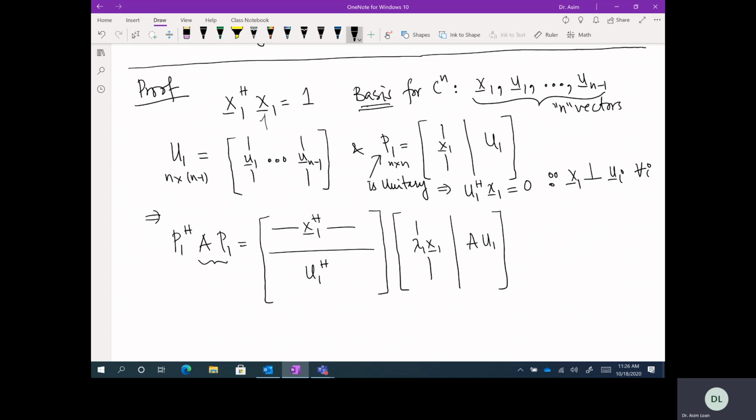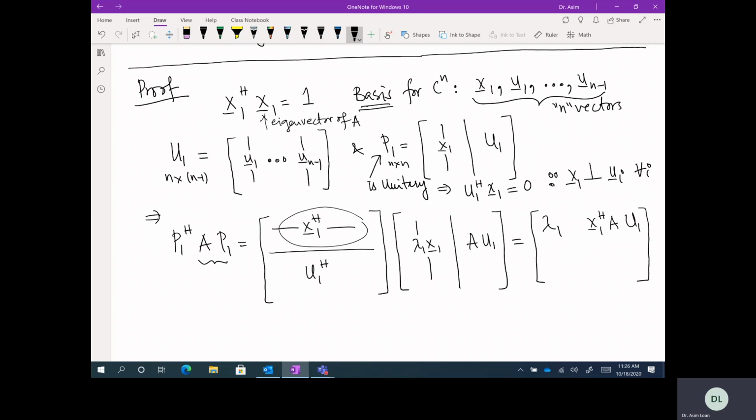So this is an eigenvector of A. So A times x1 and A times U1 is like this. And what is this equal to? So when I multiply this row by this column, I have lambda 1, right? And then when I multiply this one by this one, I'll have x1 Hermitian A times U1. This is a matrix, sorry, it's not a vector. U1.